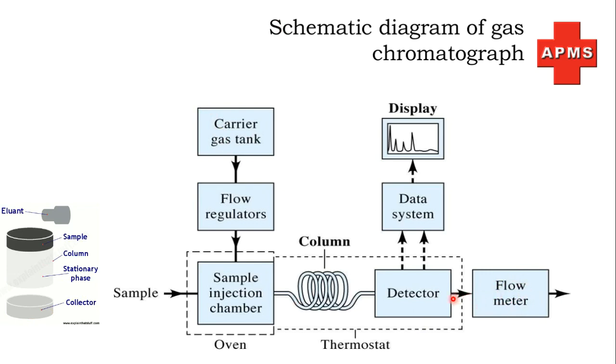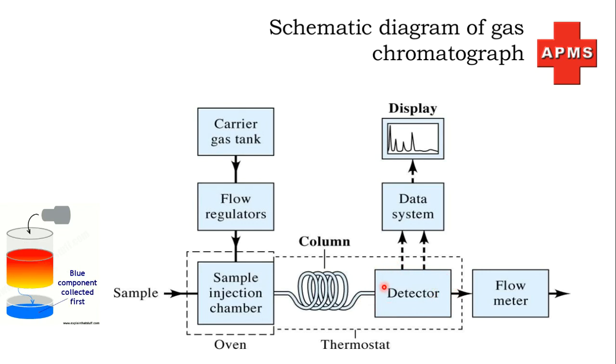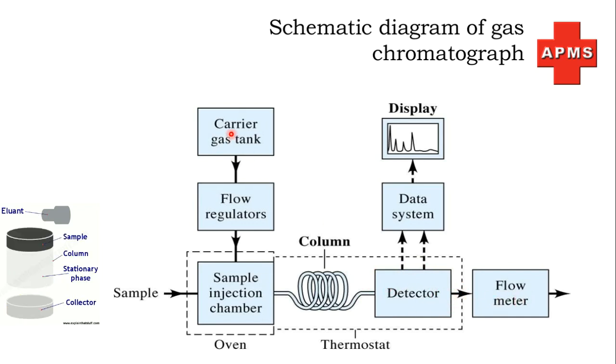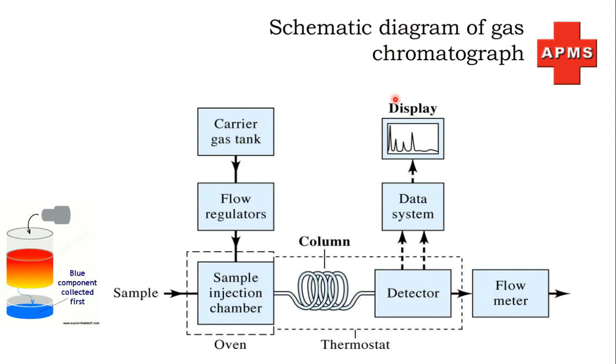The sample will end here; all of the sample will be consumed by this end point. Further on, only the carrier gas flows. So this is the complete schematic diagram of the gas chromatography instrument, the gas chromatograph.